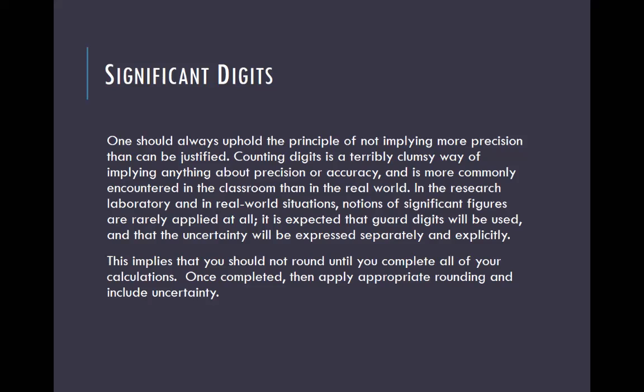Any digits that we use, minus placeholders, are considered accurate. This implies that you should not round until you complete all of your calculations. Once completed, however, you want to apply appropriate rounding and uncertainty to your results.